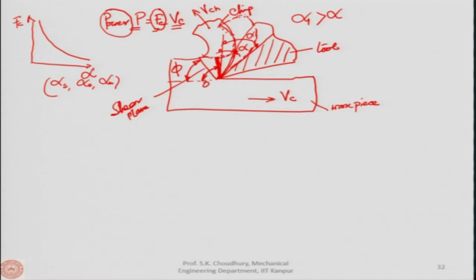Now, this is phi 2, and as you can see, phi 2 is more than phi 1, let us say phi here, because the rake angle goes from alpha to alpha 1. Therefore, the length of the shear plane is decreased, area is decreased, and less effort is required.